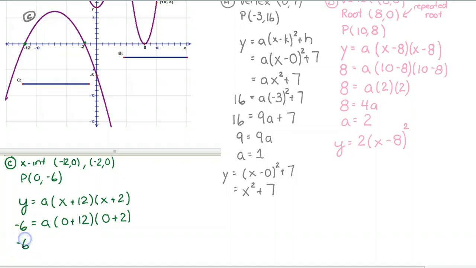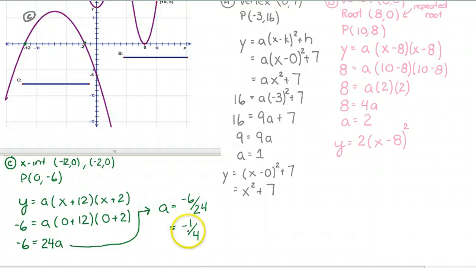Let's do two steps at the same time. 0 plus 12 is 12, times 0 plus 2 is 2, so 12 times 2 is 24. So therefore, a is equal to negative 6 over 24, and we're going to reduce that to negative 1/4.